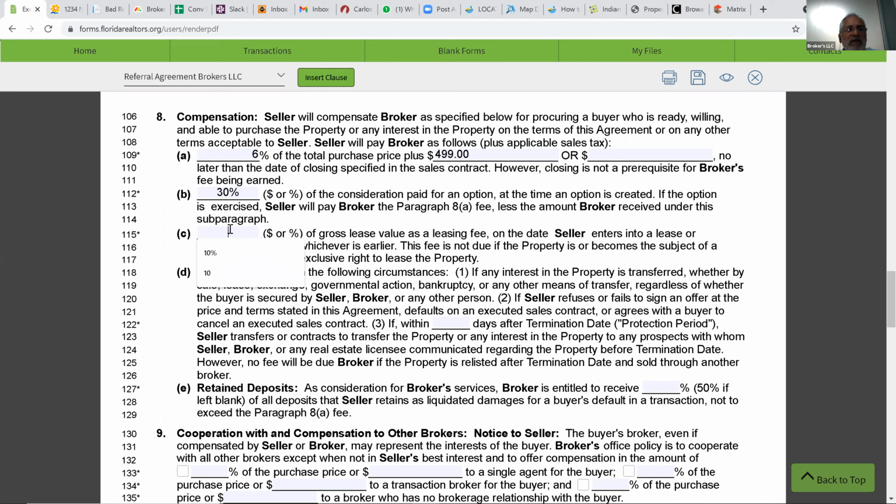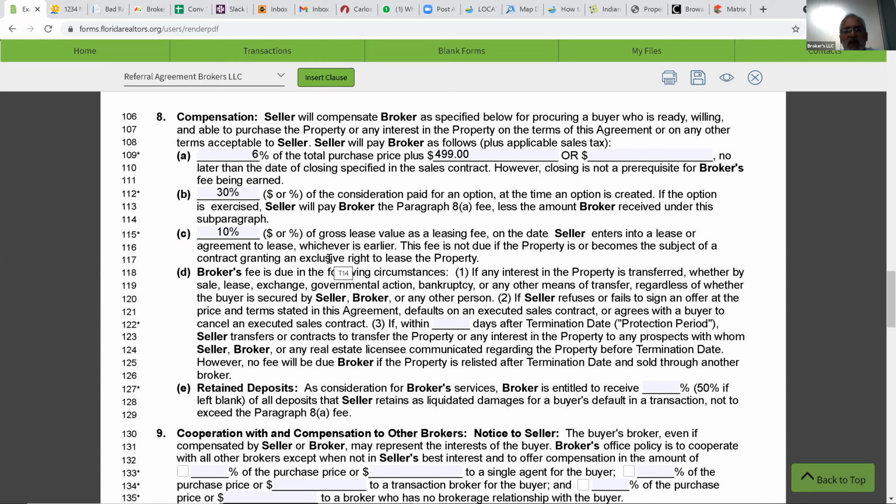The same on line 115.8C, I do 10%. And the reason why is exactly the same thing as before. If during the listing agreement that I signed for 6 months with the seller, some time after the second month or the third month, they decide to rent this property to somebody, it can be to anyone, any family member of the sellers, or if you receive an offer to lease the property, that means that you're getting 10% of the gross lease value.